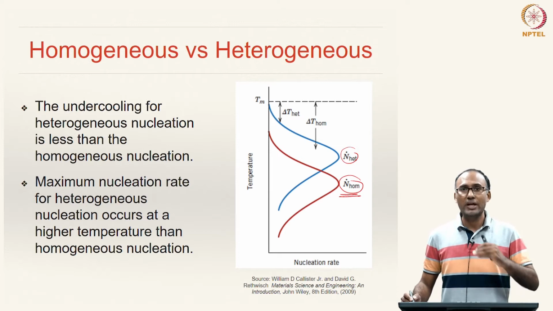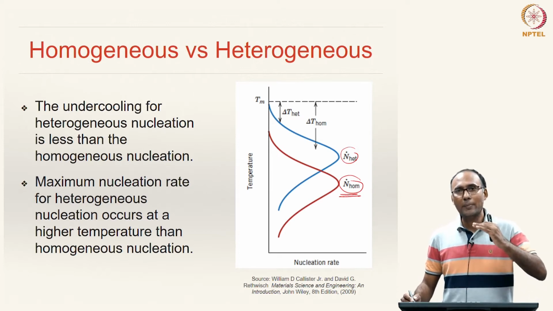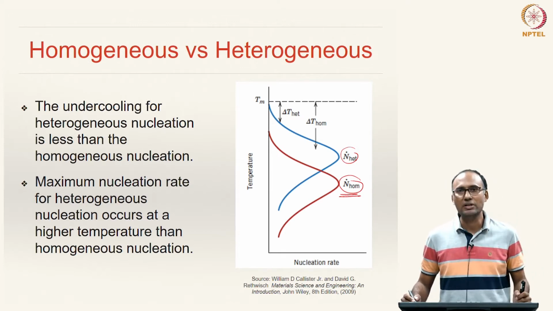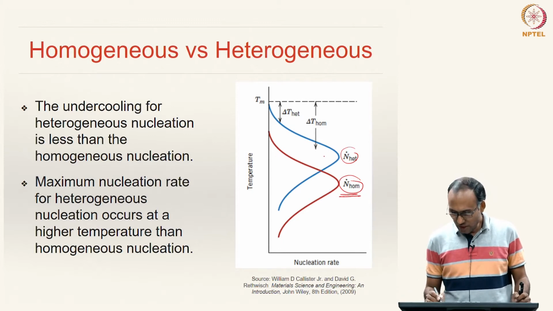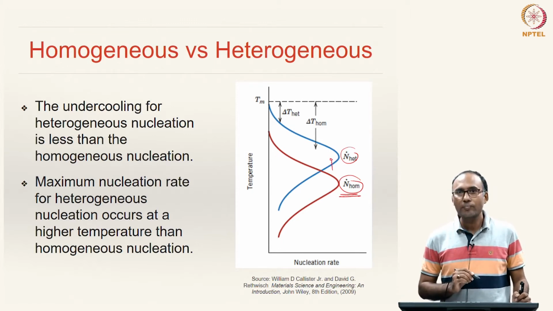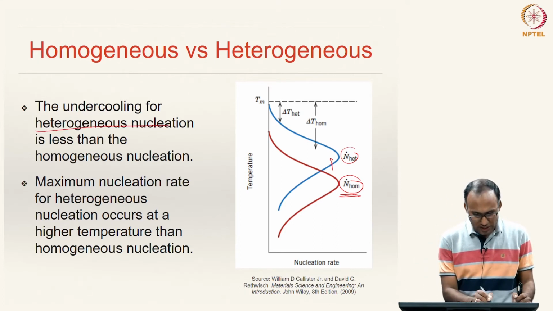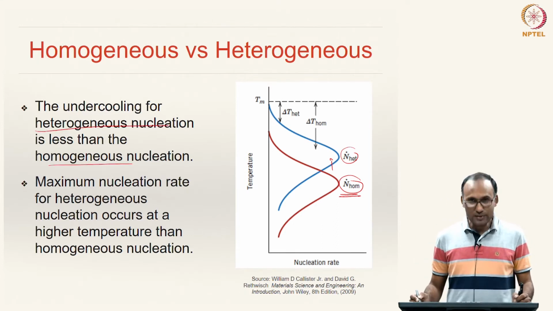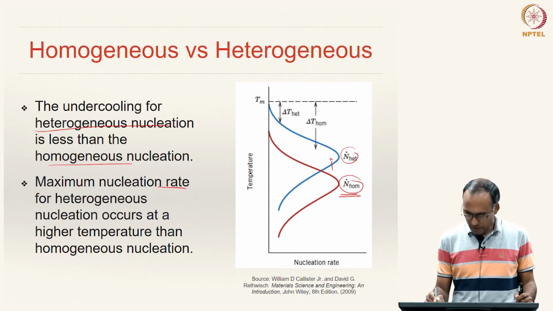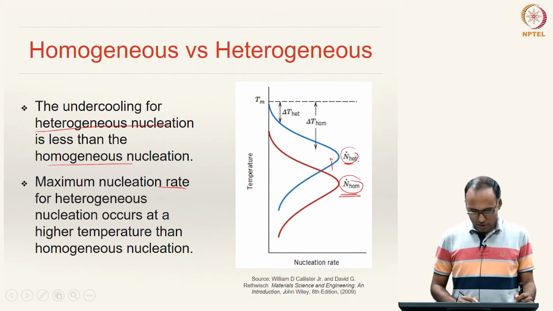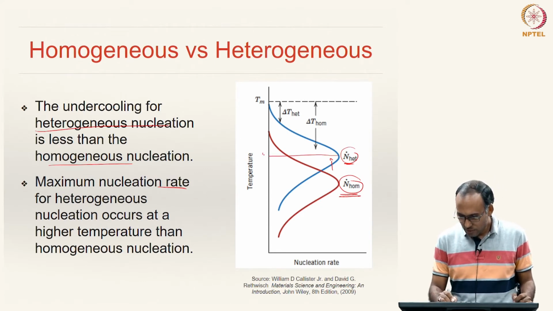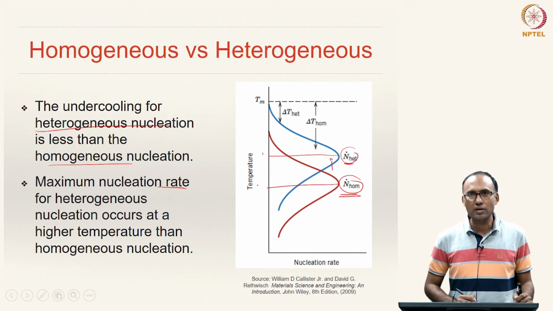That means heterogeneous nucleation can actually happen at a much higher temperature than homogeneous nucleation, right. And as a result, the curve shifts upwards, all right. So, the undercooling for heterogeneous nucleation is less than for homogeneous nucleation, and the maximum nucleation rate n dot for heterogeneous nucleation occurs at a higher temperature than for homogeneous nucleation.